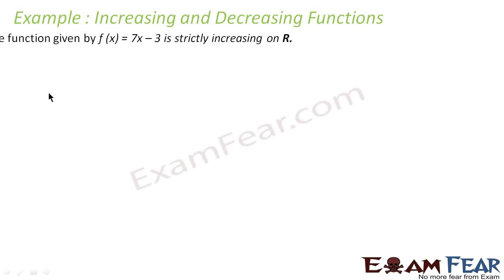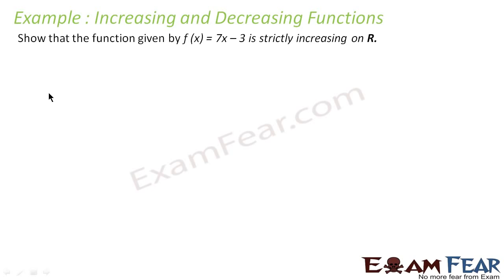Let's take some examples. We have to show that this function f(x) = 7x - 3 is strictly increasing on R. The rule we have understood till now is if the function is strictly increasing, and you take any points x1 and x2 where x2 is greater than x1, then f of x2 has to be greater than f of x1.